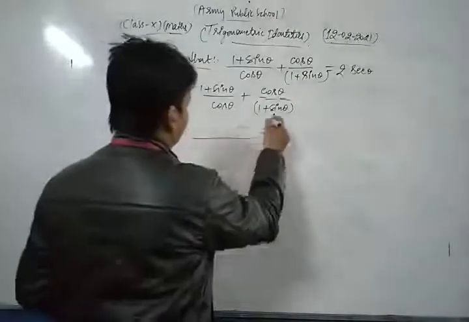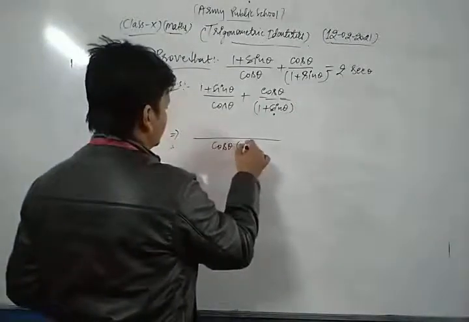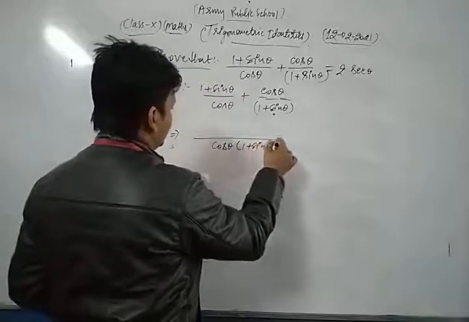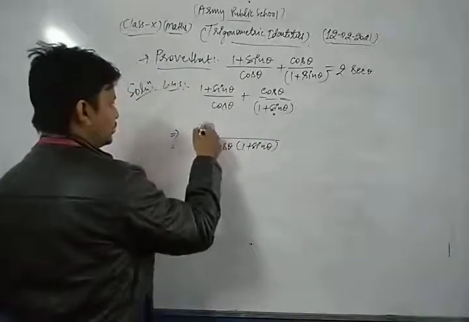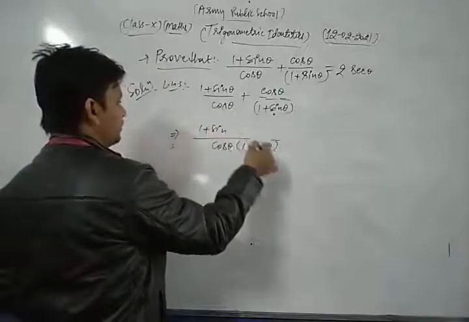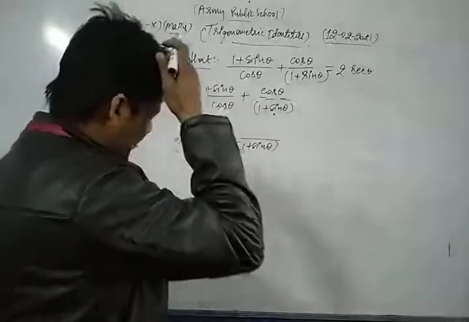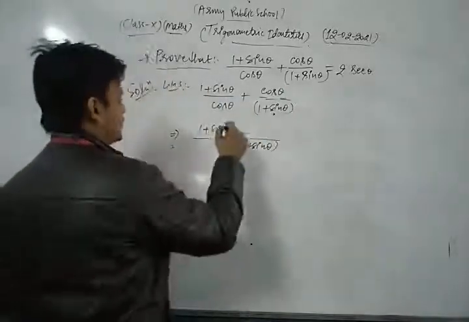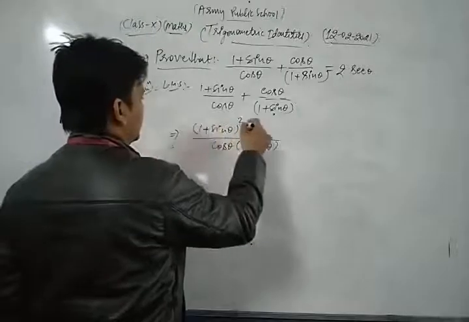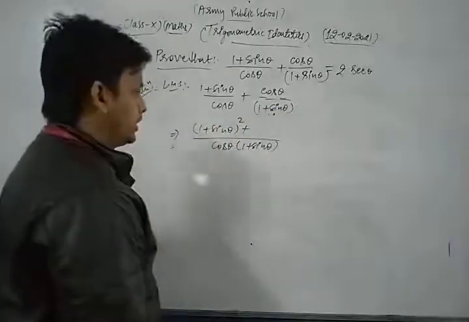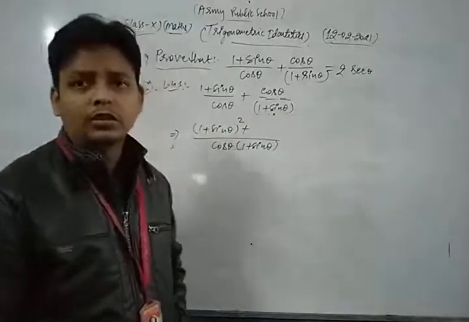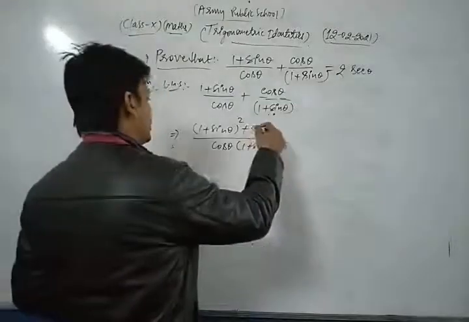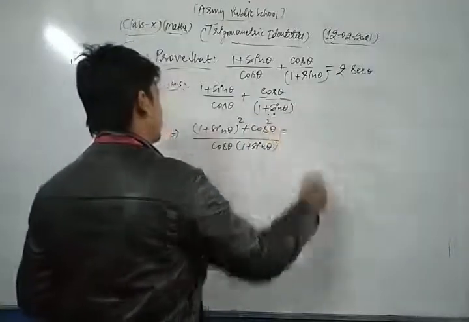The LCM is cos theta into (1 plus sin theta). Here cos cancels, so we get (1 plus sin theta) whole square, plus cos into cos, that is cos square theta.